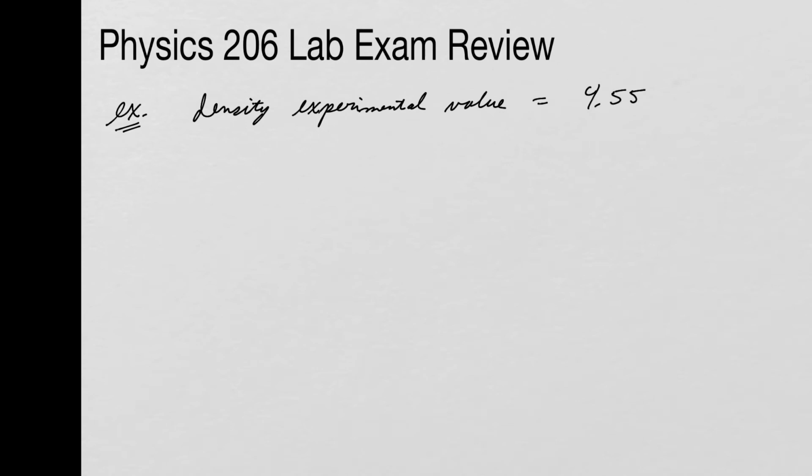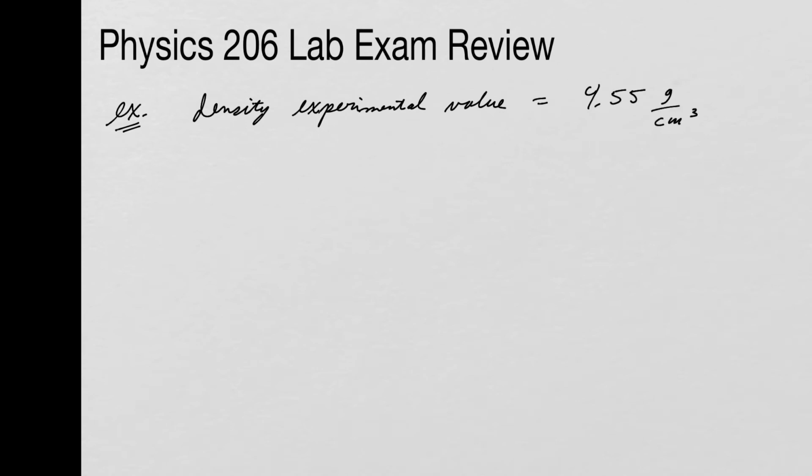So let's say you're given an experimental value of a density. Let's say it equals 4.55 grams per centimeter cubed.